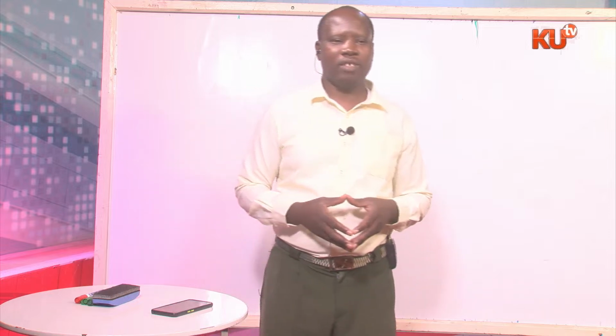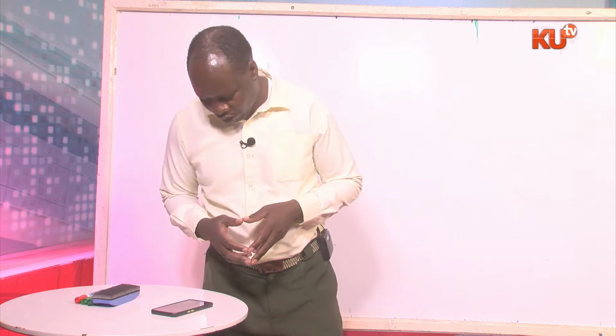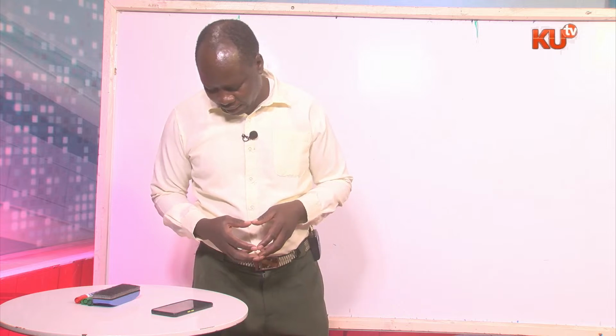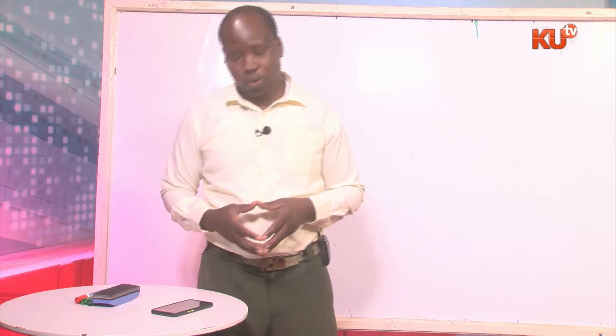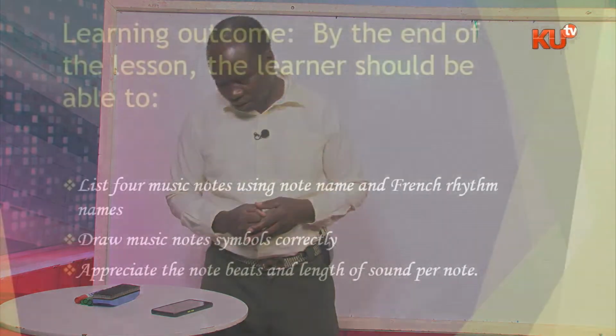Today's objectives. By the end of this lesson, what do I want my learners to achieve? So be ready, move together with me. At the end, I expect that you will be able to know 4 music notes that we use in our music.